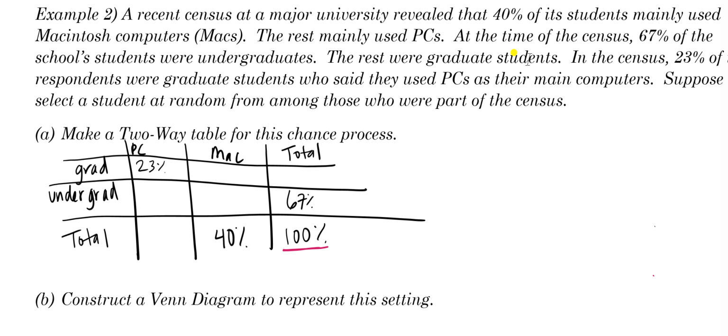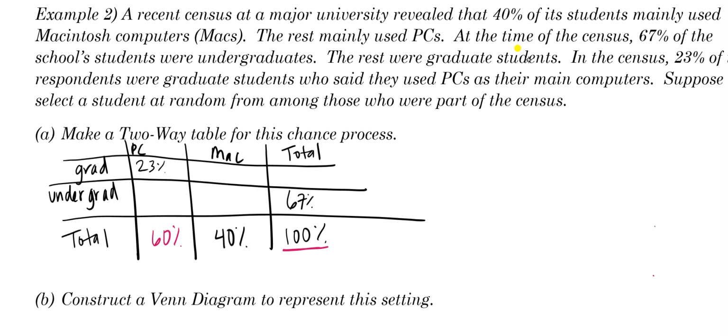So part 1, they want you to make a two-way table for this chance process. So they gave you 23%, 40%, and 67%. The key is to remember, since we're dealing with percents, the total must be 100%. And then from there, you should be able to fill in the rest of the table. So for example, you know that if Mac is 40%, the rest must be 60%.